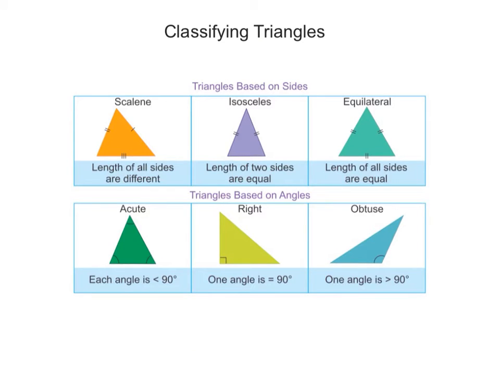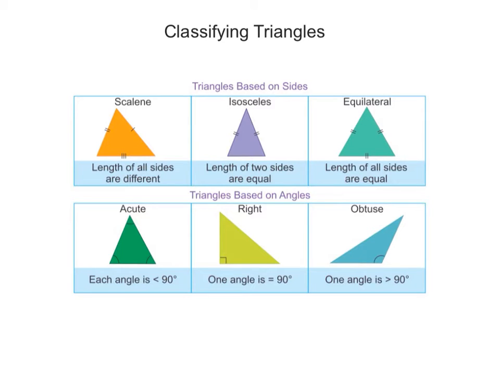You will be expected to classify the different types of triangles. You will also be expected to be able to draw them. Take note of how you prove how many equivalent sides you have by using those indicators on the sides. And also notice the angles.